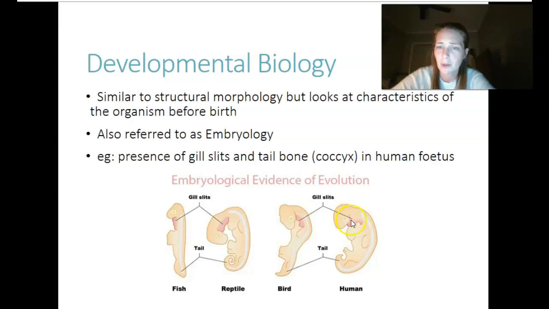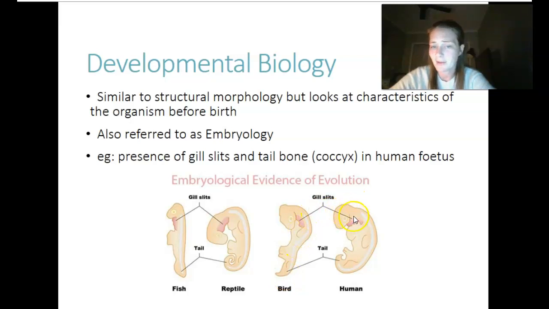So in the embryonic form, these non-water dwelling organisms at a certain point begin developing gill slits. In humans, it eventually becomes redundant and forms a different structure in the throat, but it is present in the embryonic form of these organisms.